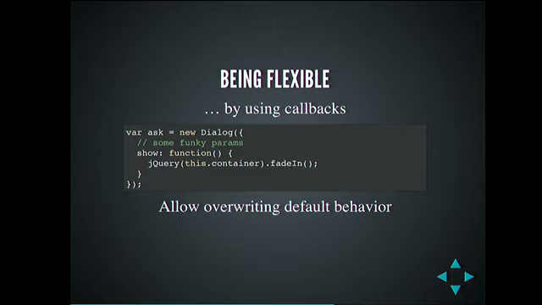Now, I like a simple fade in, but somebody else might like a transition from the left. Am I supposed to define every single possible animation? No. I just want you to provide a callback function, slide from left, and that's it. I'll just use that.